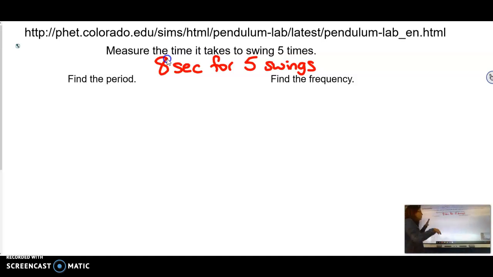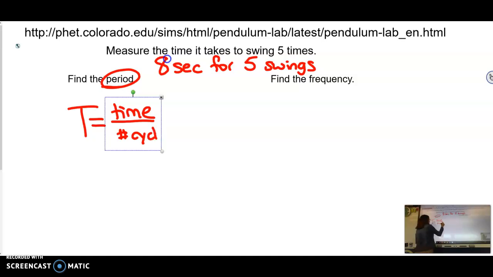So this is probably one of the most important ideas for today. If you want to find the period, first of all, that's capital T. You absolutely need to know that with period, time is on top. So it's the time per the number of cycles. Okay? Time is on top. That's why it's a capital T. That's why the unit is seconds, because seconds is on the top.